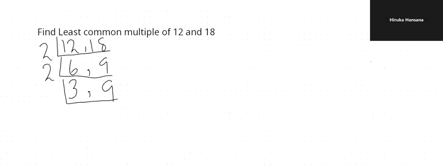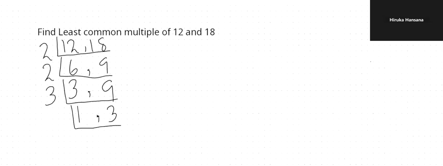So when 2 doesn't work, you have to think about the next prime number. So the next number is 3. Is 3 nicely divisible by 3? Yes, definitely. 9 is also nicely divisible by 3. So the number that you should use here is 3. So 3 divided by 3 is 1. 9 divided by 3 is 3.